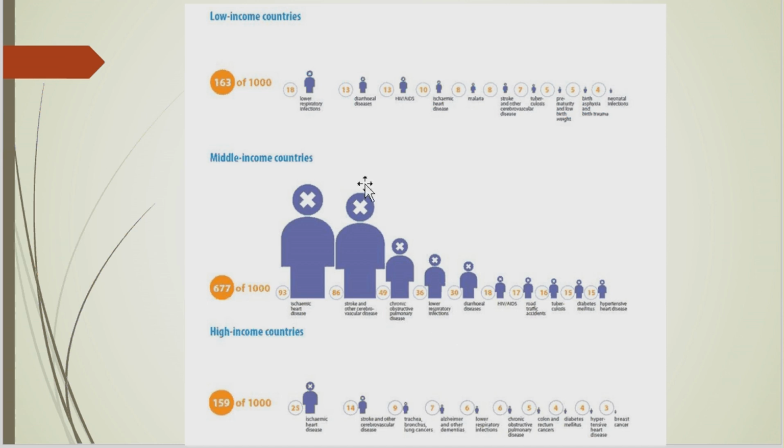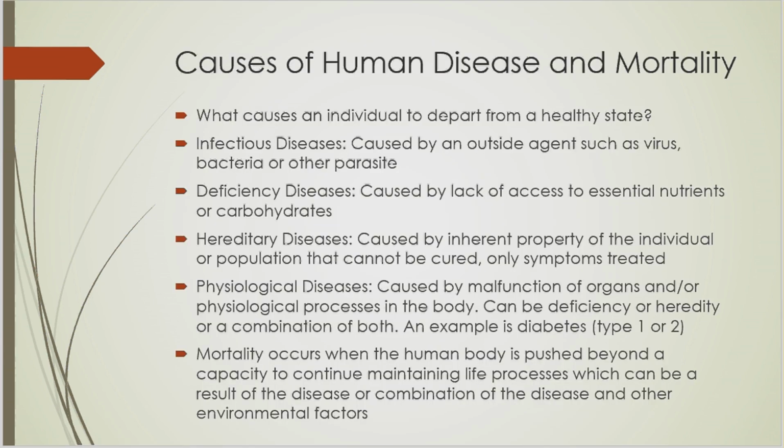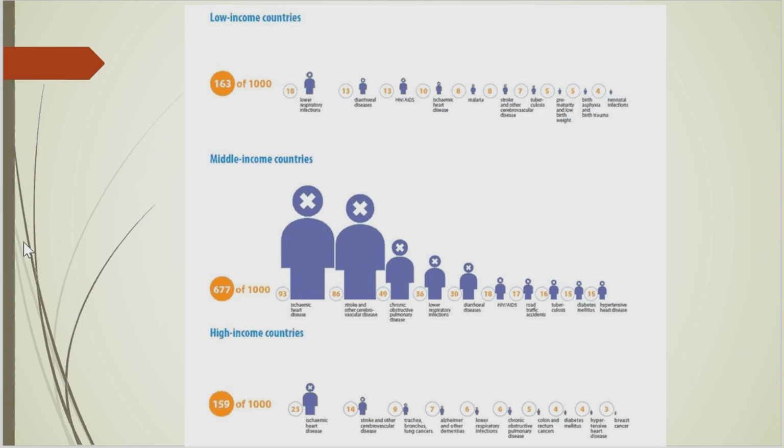All right, so if we look at these different types of diseases and we put them into that classification scheme that I was telling you about: infectious diseases, deficiency diseases, hereditary diseases, and physiological diseases. Okay? In the lower income countries, the lower respiratory infections, the diarrheal diseases, HIV, AIDS, those top three in the lower income countries are all infectious diseases.